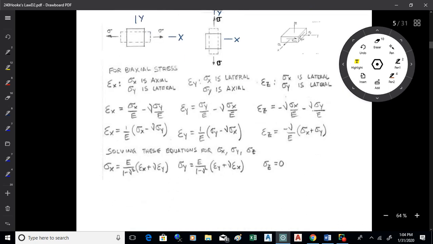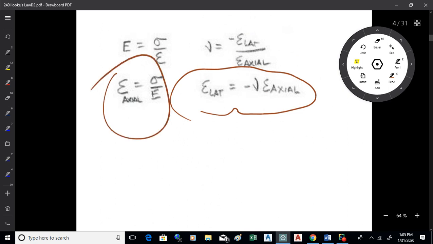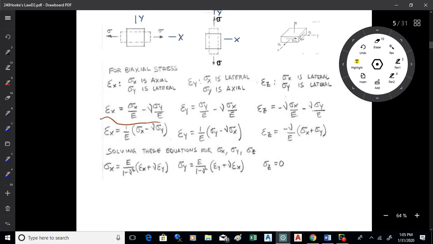All right. So if we're looking in the x direction for the strain, and again, I'm on page 410, what you would do is take the main stress in the x direction, sigma x, and just divide that by E. And that's just this relationship right here. But you also have to then consider the stress in the y direction, because that's lateral to the x, all right?